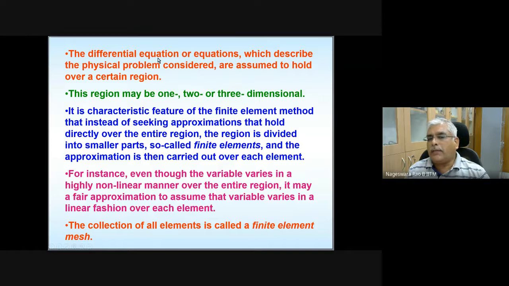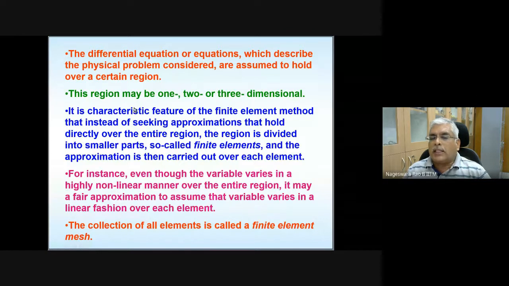Instead of one equation, you can have coupled equations, two equations. In the previous case, it is axial deformation of a bar. This region may be one, two, or three dimensional. In the particular case which we have seen, it is only a one dimensional case.